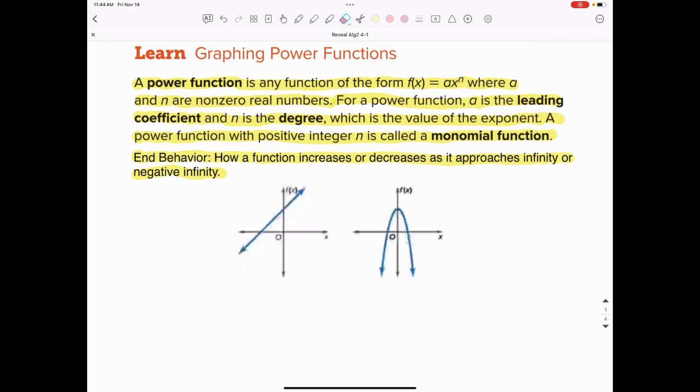This first graph, if we want to describe the end behavior, notice that as we're moving to the left, it is going downward. So we would say that this graph is decreasing to the left. But as this line is moving to the right, it is going up, which means it is increasing to the right.